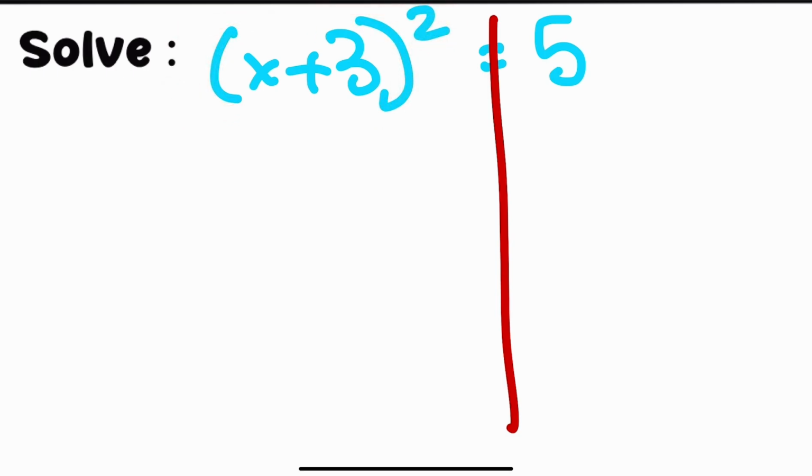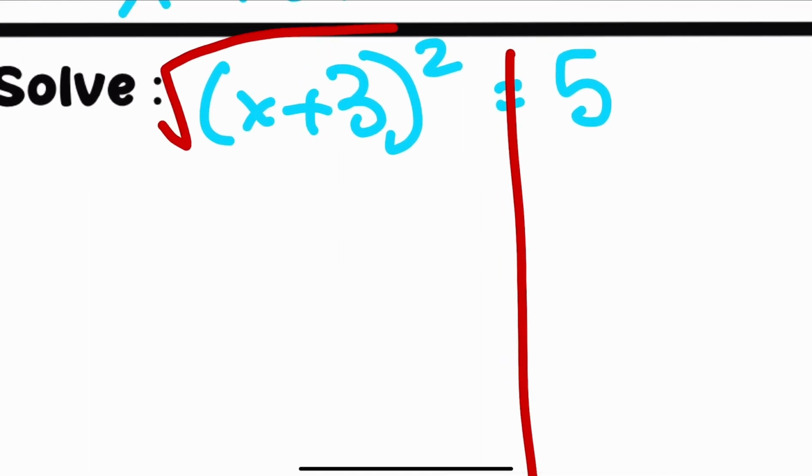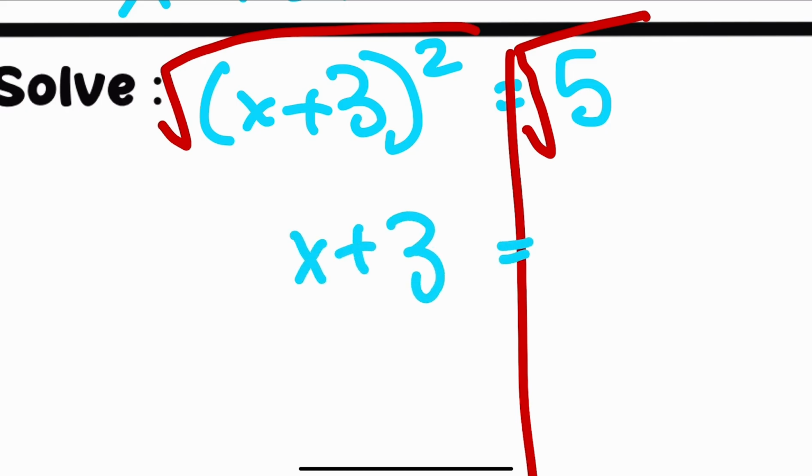Because I know that from last time, or from when we were solving by radical, this square root sign will get rid of all of those pieces. So when I do that, I'm just going to be left with x plus 3 on this side. And then I want to take the square root of 5.